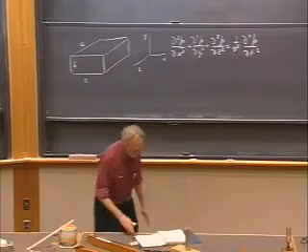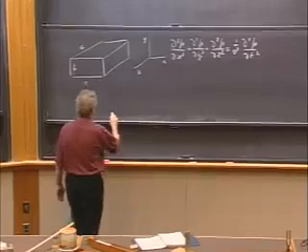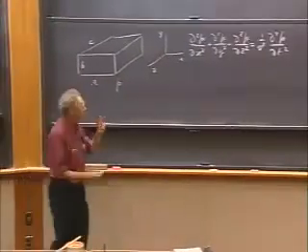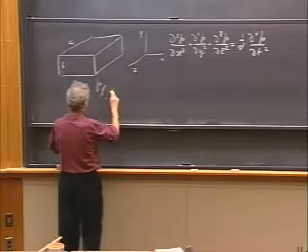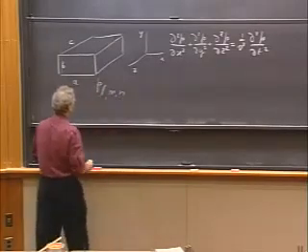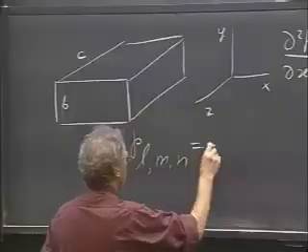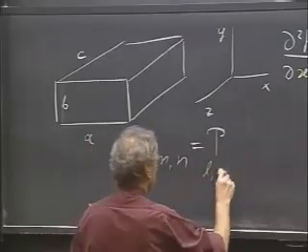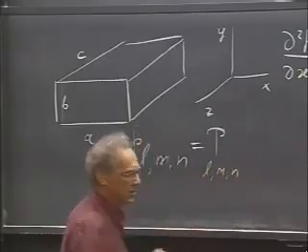And so the solution then for the pressure, in terms now of three quantum numbers, L as in lion, M as in Mary, N as in Nancy, is some kind of an amplitude, which can be chosen differently for the different modes.